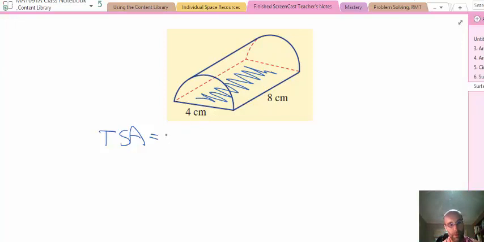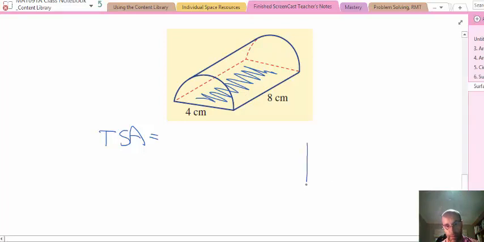Now if the question does want us to include the base, we probably should draw a net now, because this is a more complicated shape. So if we start with that base and we are including it, we can draw the net down the side. It's a rectangle, and we've got 8, we've got 4 across.